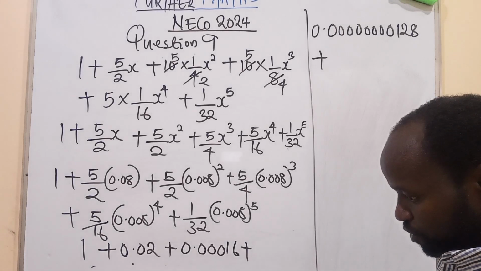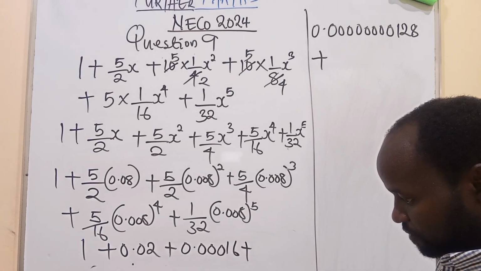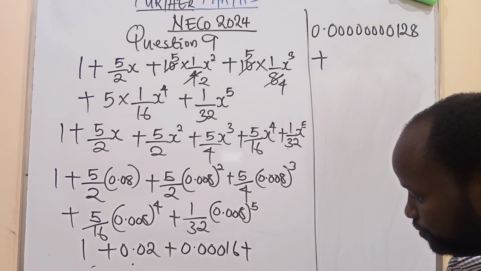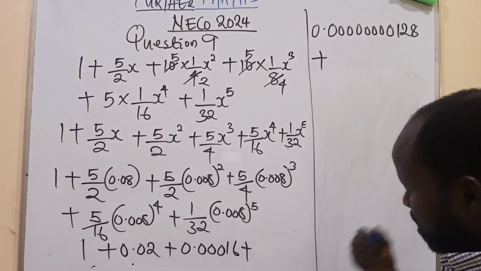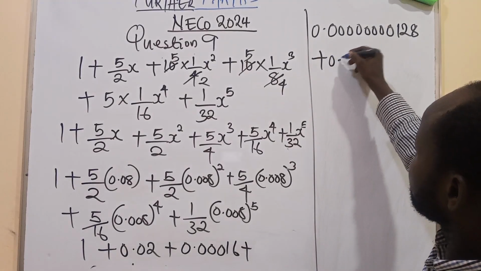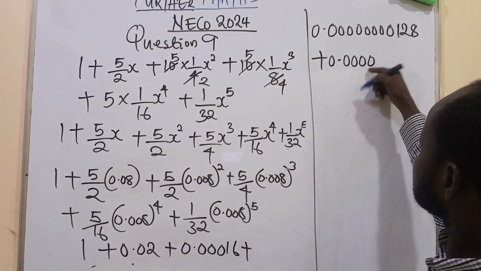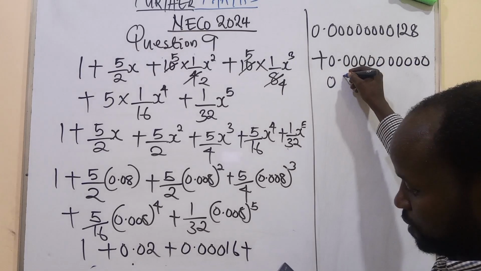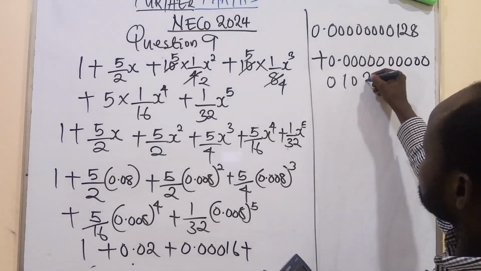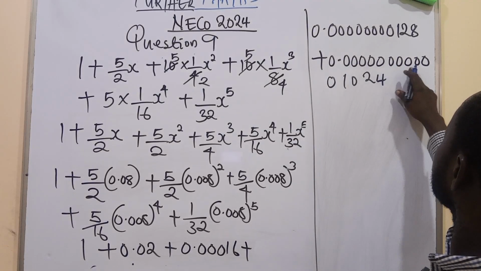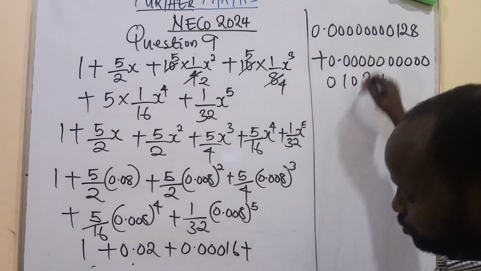So that will be 0.008 power 5 divided by 32. We'll have about 12 zeros.